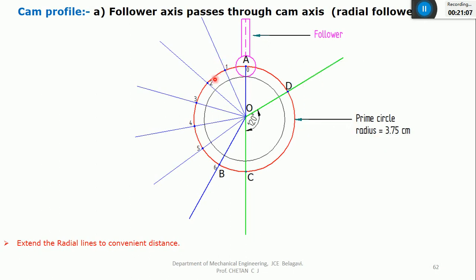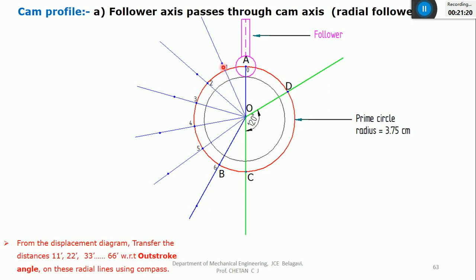Similarly, I'll copy the distance, that is 2 to 2 dash, from the displacement diagram. Again, I'll draw the arc. Again, 3 to 3 dash, 4 to 4 dash, 5 to 5 dash, and 6 to 6 dash. So these are the intersection points with respect to these radial lines. And I'll give the naming as 1 dash, 2 dash, 3 dash, up to 6 dash.